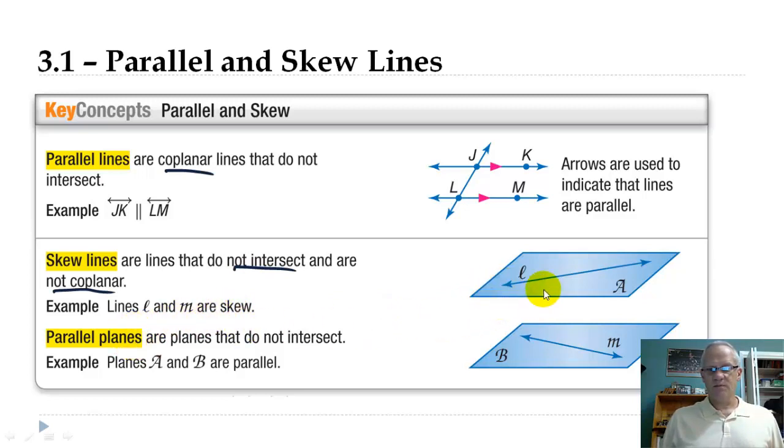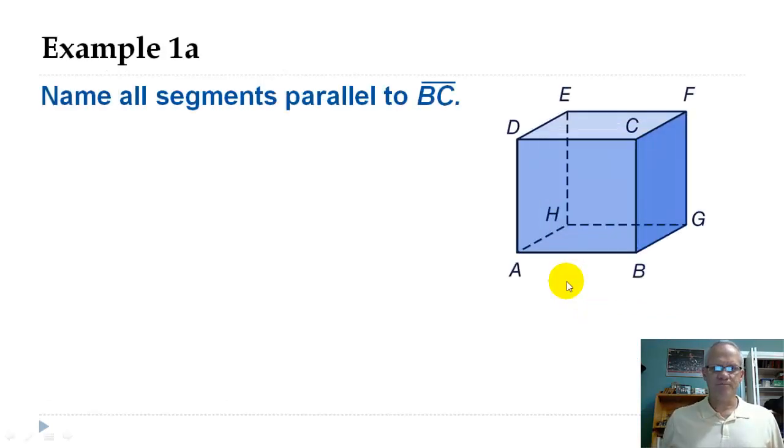Parallel planes are planes that do not intersect. So plane A and plane B are parallel, and the lines that are in them are skew. All right, let's look at a few examples, see if that helps you a little bit.